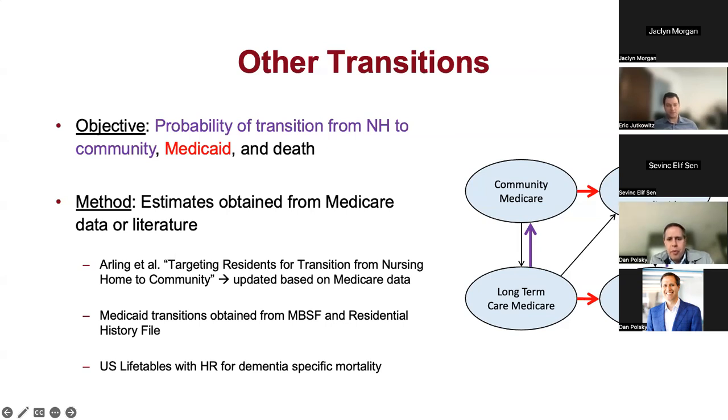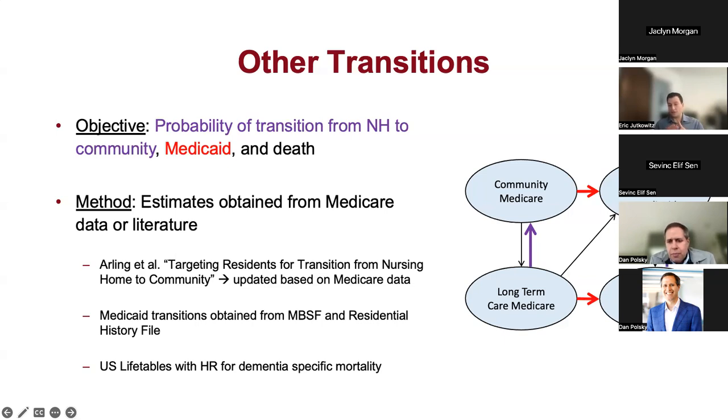The residential history file, for those of you who may not know, is pretty cool. We have a way of identifying in the Medicare data, a structured file that draws on the Medicare data to say at any given point in time where somebody is residing: in the home, in the community, or in the nursing home.